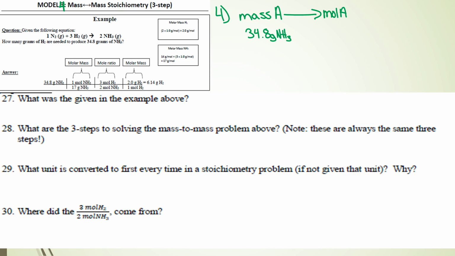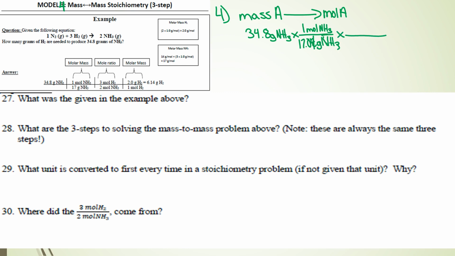I need to get to mole of A. So I need to use my molar mass. So 1 mole of NH3 is a certain amount of grams of NH3. Specifically, it's 17.04. Sorry. But in my calculation, I'm just going to use the 17 for ease of use today. All right.